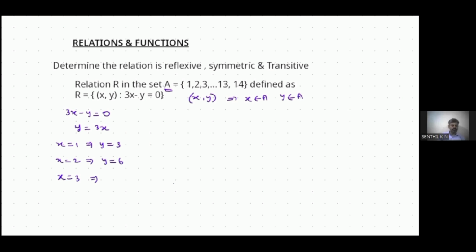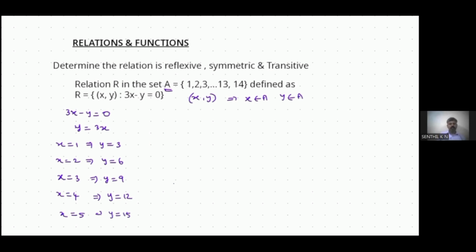And x equals 4 gives y equals 3 fours, which is 12. Suppose we take x equals 5, then y equals 3 into 5, which is 15.